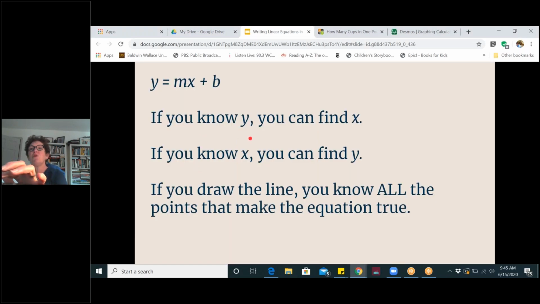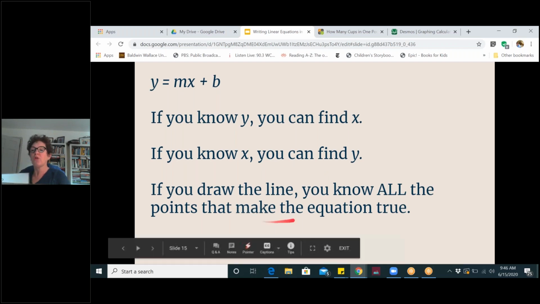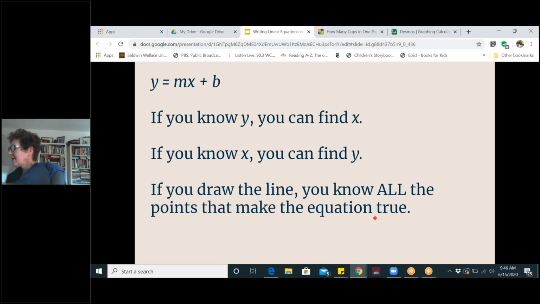If you know the y, you can find the x. And if you know x, you can find the y. If you draw the line, you know all the points that make the equation true. That's what a linear equation is all about. It's helping you find what points make the equation true on that line.